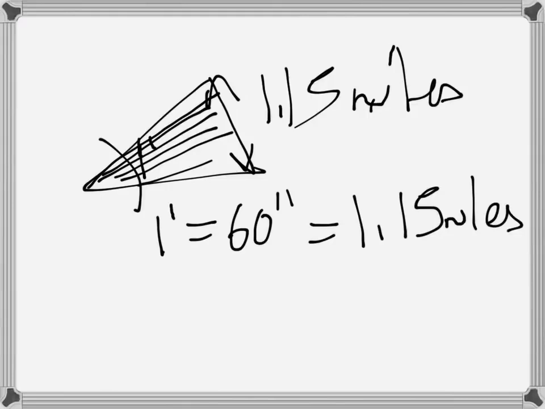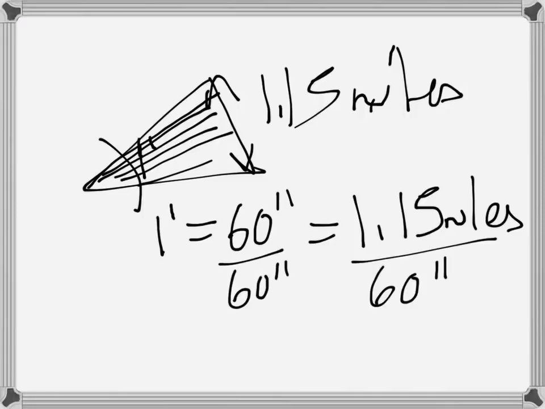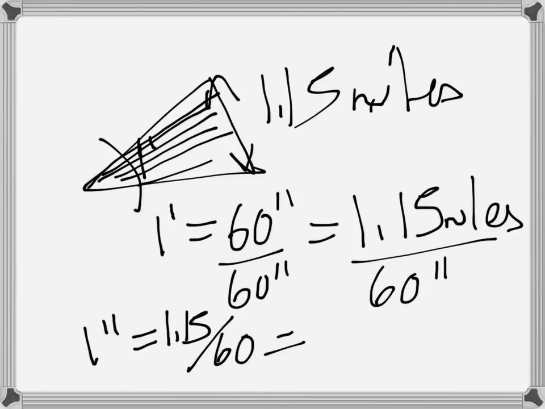So again, we're going to do just a little bit of math. We're going to divide both sides by 60 arc seconds. Therefore, 1 arc second equals 1.15 miles divided by 60, which is about 2/10 of a mile.